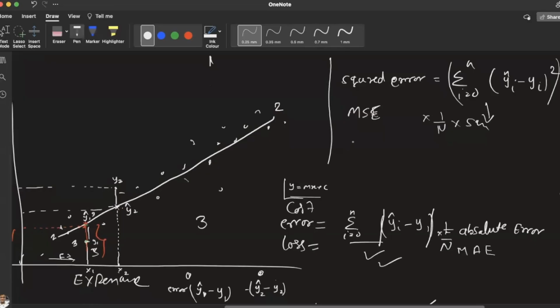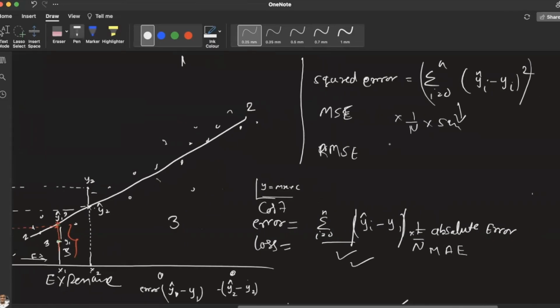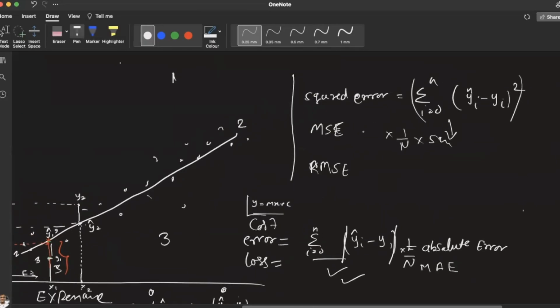That's called root mean squared error, RMSE. Once you've calculated the mean squared error, you can simply take a root of that, because you're squaring up, so you can take a root of 2. So that's what we call root mean squared error.